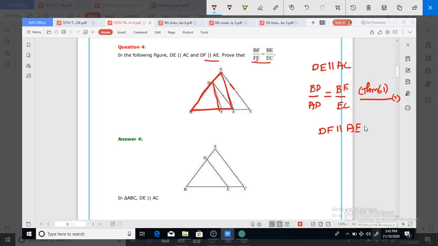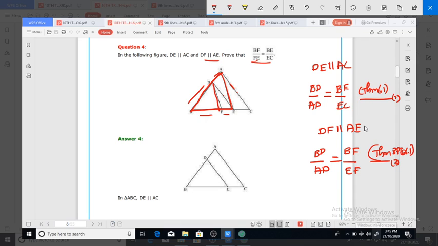Leave this and this line. BD by AD is equal to BF by EF. This is 2, by theorem BPT or 6.1.